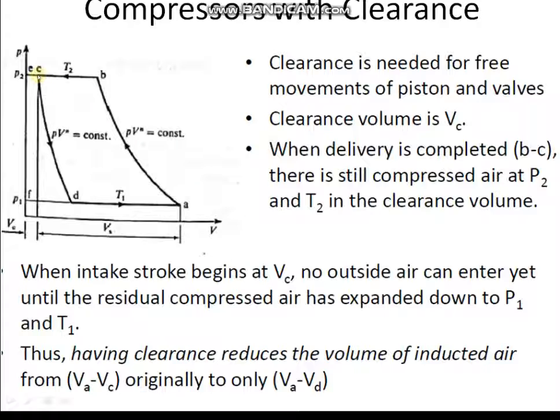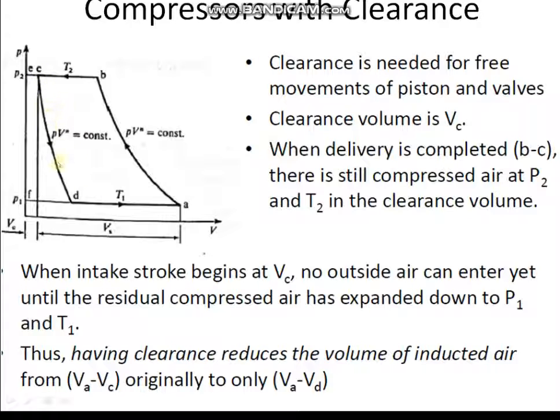This volume is known as the clearance volume Vc. After the delivery, some air is left inside the clearance space, having the volume Vc. When the intake stroke begins at Vc, no outside air can enter until the residual compressed air has expanded down to P1 and T1.